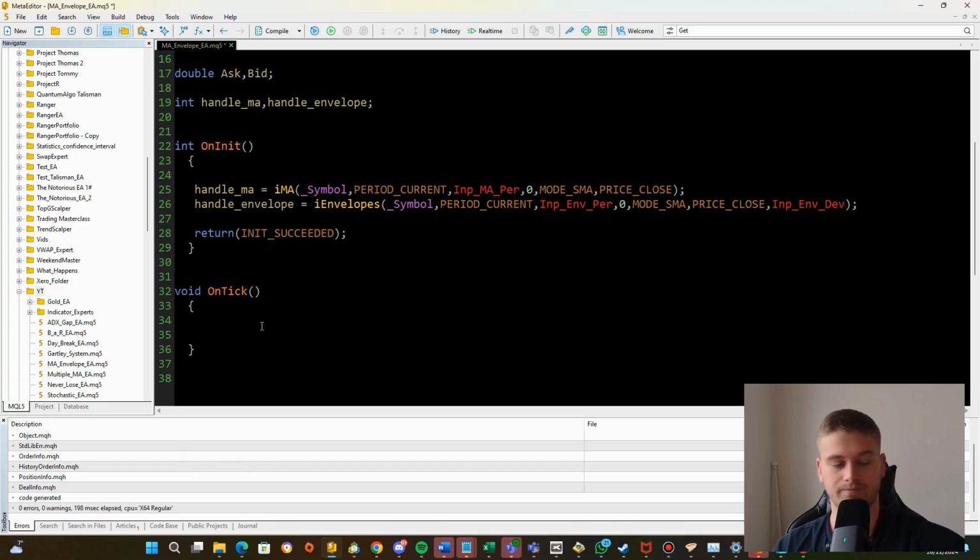Yeah, so on tick function, what I have to start with is to create arrays inside of which I will get the indicator values, and then I can work with the indicator values and I can generate some signals. So that's what I will do.